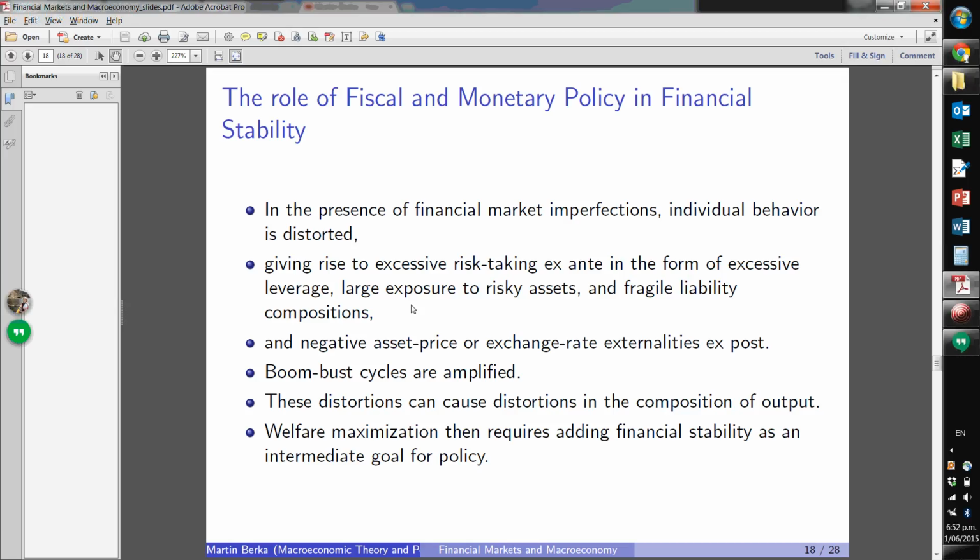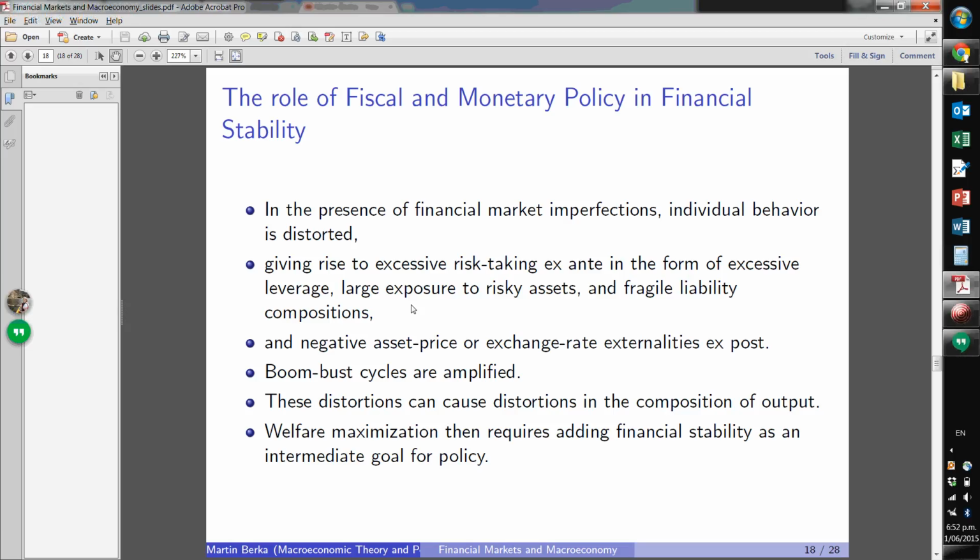Such externalities are negative. And to the extent that these may amplify ups and downs in consumption, or aggregate consumption of households, such externalities may cause the economic cycles to be amplified.